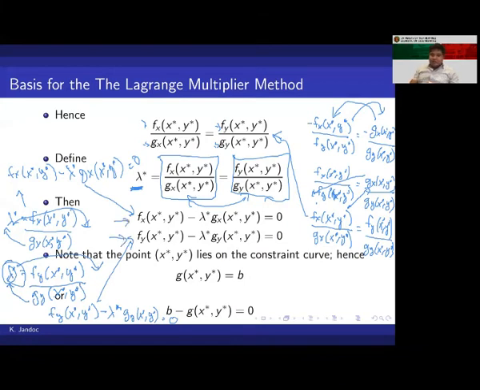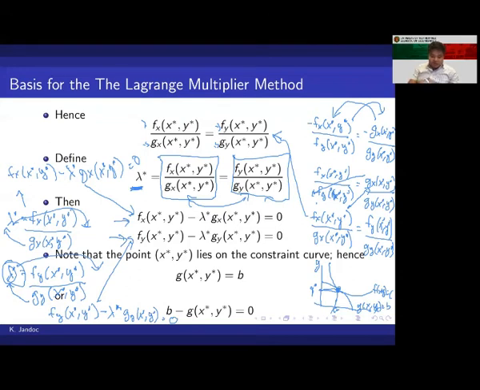Now, you notice that we have this point x*, y* over here. This is the level curve f(x,y) equals c, and this is the level curve g(x,y) equals b. So at point x*, y*, it's on the line, so therefore it satisfies the constraint.